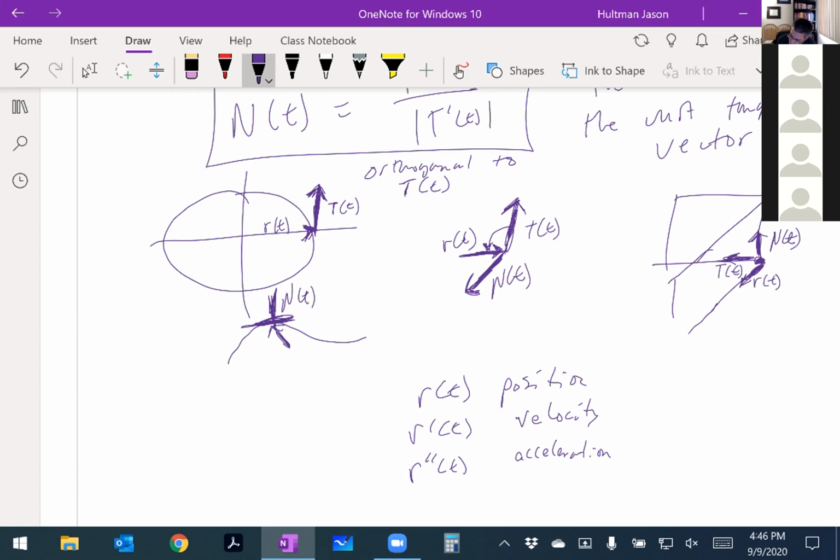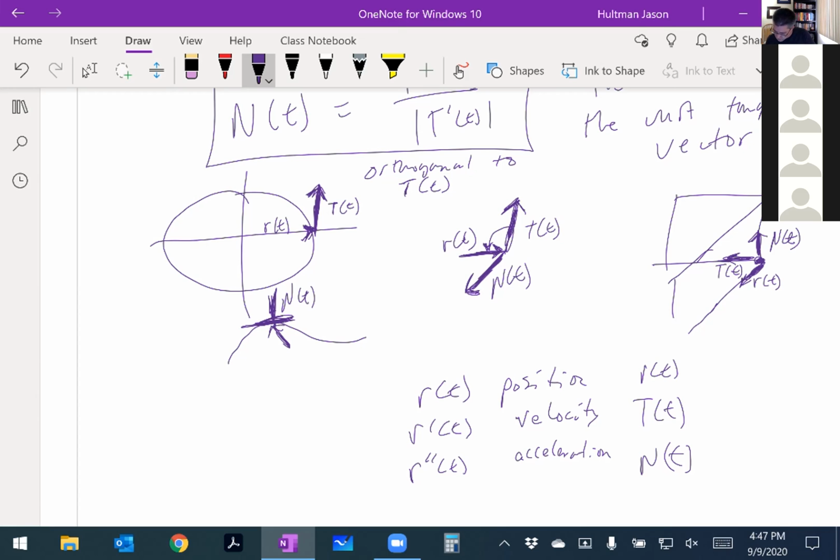Well, what's T? That's just the unit tangent vector, just the velocity, and we're just making it one unit. And then what would N of t be? Wouldn't that be kind of like your second derivative? You're taking the derivative of a derivative. We make it one unit, and then we take the derivative of that unit tangent vector.